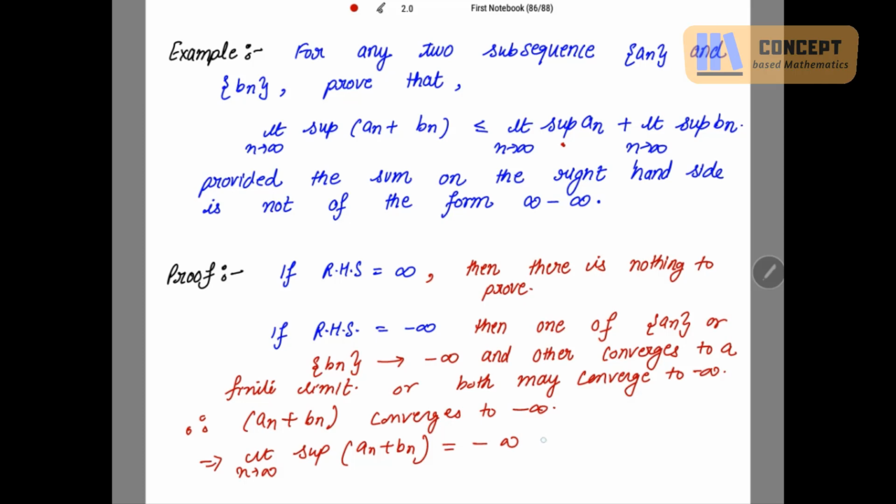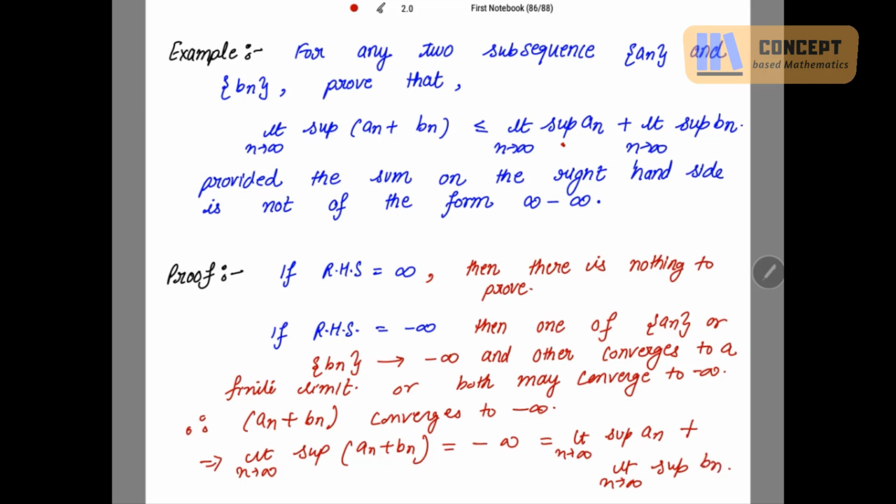This is nothing but limit n tends to infinity supremum of an plus limit n tends to infinity supremum of bn.